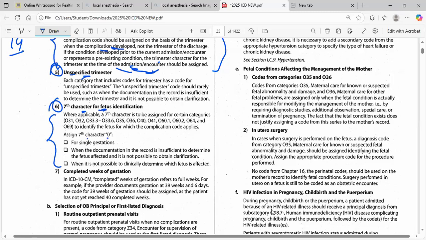You have to apply seventh character 0 when there is a single gestation, when your documentation is insufficient to determine which one is affected, and when you are unable to determine which fetus is affected. So in these three cases, you have to use seventh character 0. And last, one more time, with the other seventh characters, you have to represent which fetus is affected.